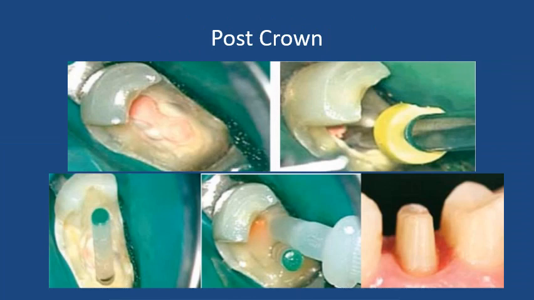If we have a case with massive destruction of the tooth structure where the remaining tooth structure is less than half of the tooth structure, the restoration of choice is the post-retained restoration. Started with the removal of part of the gutta-percha from inside the canal, providing space for the post insertion, the post is inserted inside the canal.